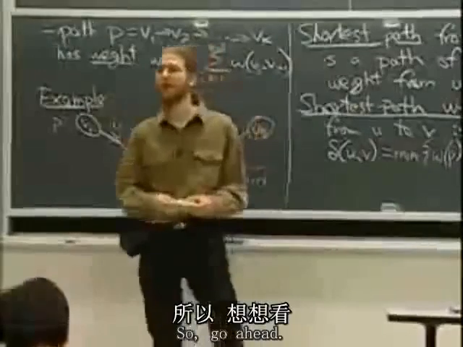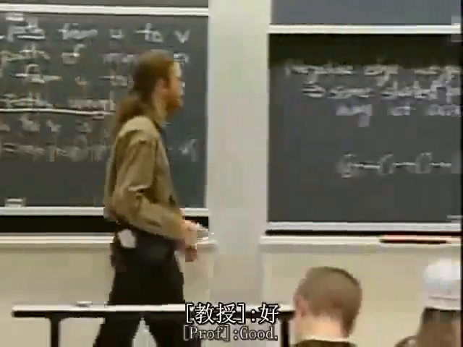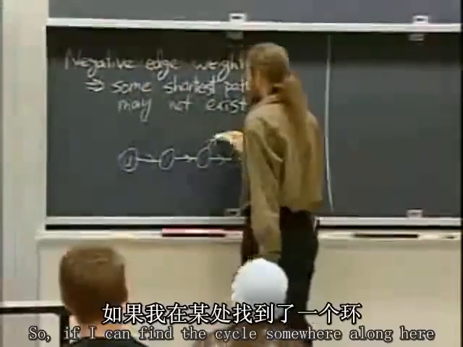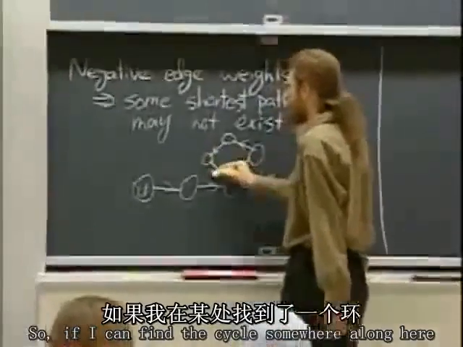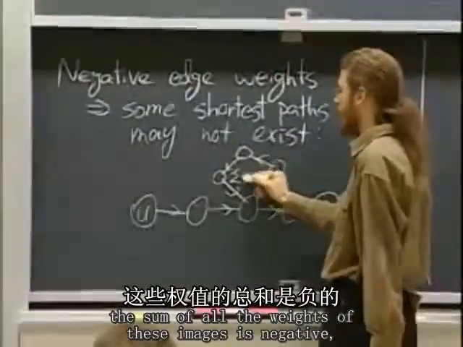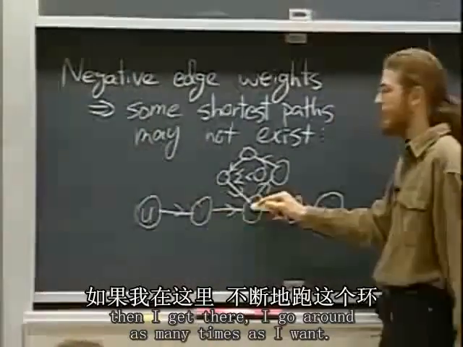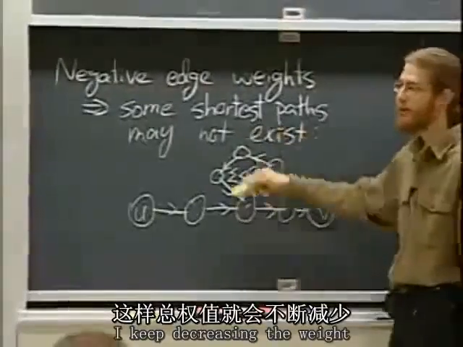So go ahead. If you can find a cycle that's negative weight. Good. Then you can go around it. So if I can find a cycle somewhere along here whose total weight, the sum of all the weights of these edges, is negative, then as long as I get there, I go around as many times as I want. I keep decreasing the weight because the weight is negative.